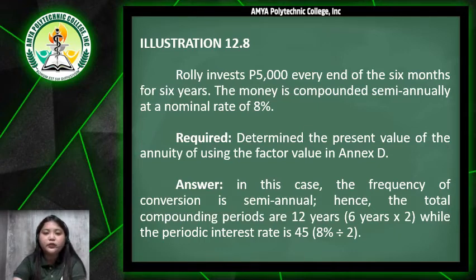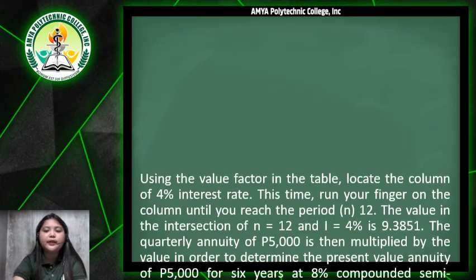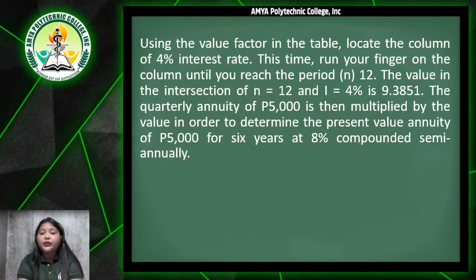Okay, so now, next is using the value factor in the table, we are going to locate the column of 4% interest rate. This time, you have to run your finger down the column until you reach the period, or the n, which is 12.